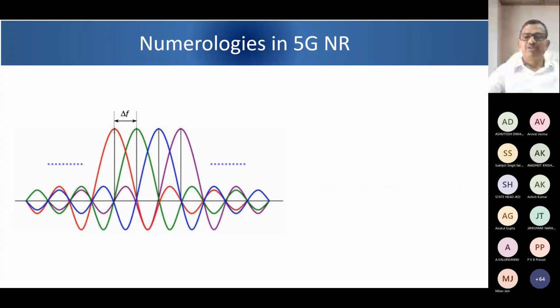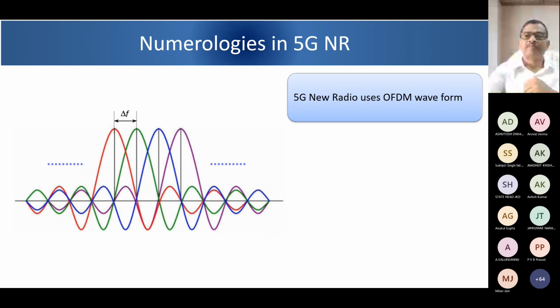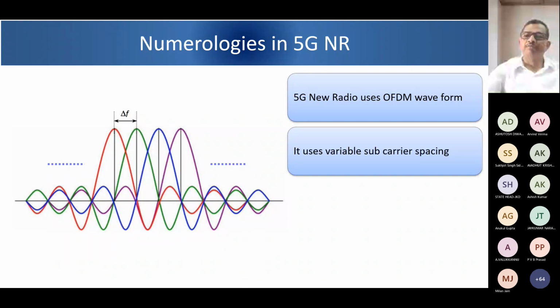First of all, let us understand the concept of numerology in 5G new radio. Yesterday we discussed that in 5G also, similar to 4G, we use orthogonal frequency division multiplexing, that kind of waveform.